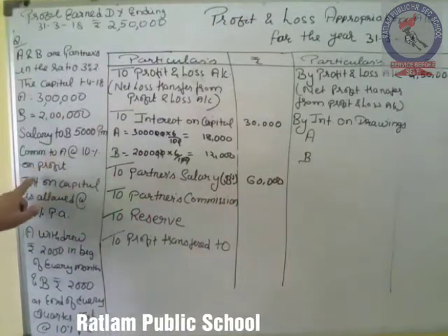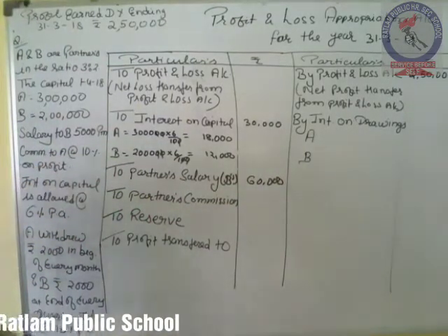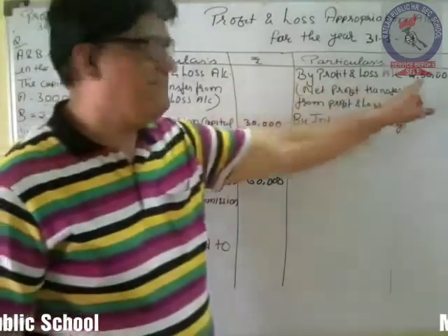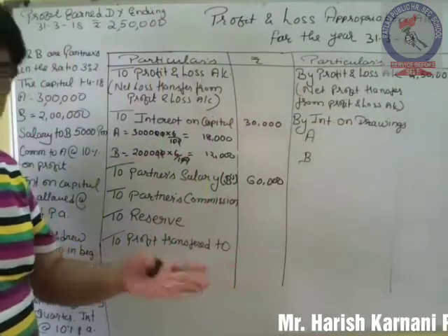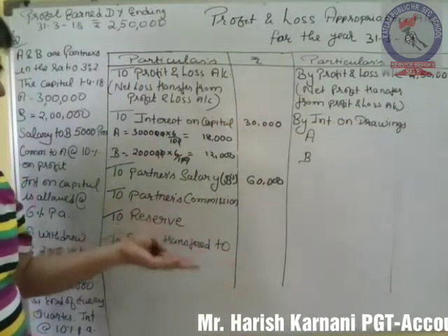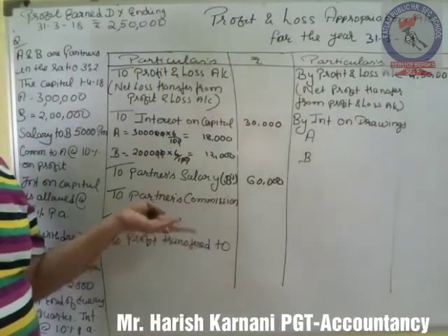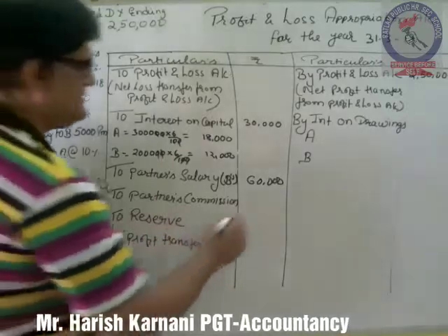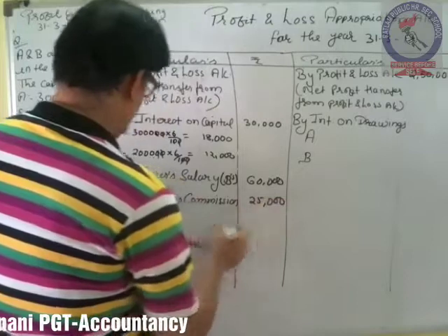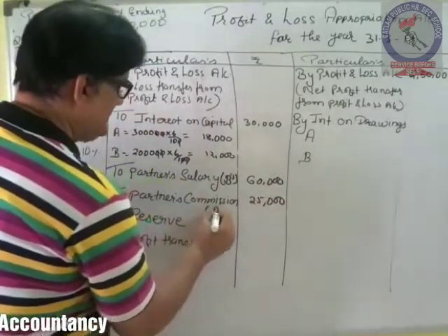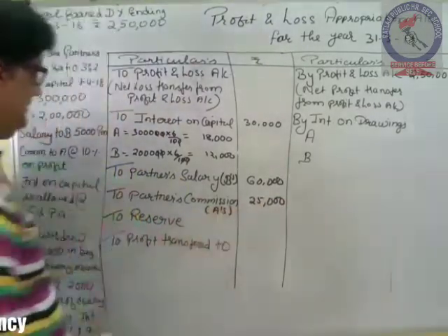Commission to A at the rate of 10% on profit. So profit was 2,50,000 and on this A will get 10% commission. So commission: 2,50,000 into 10% becomes 25,000 rupees. Two partners' commission, that is A's commission.